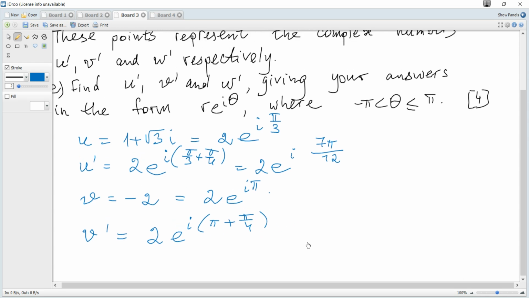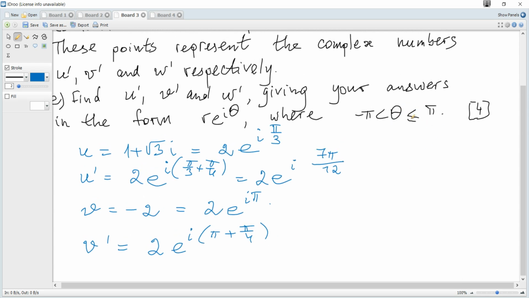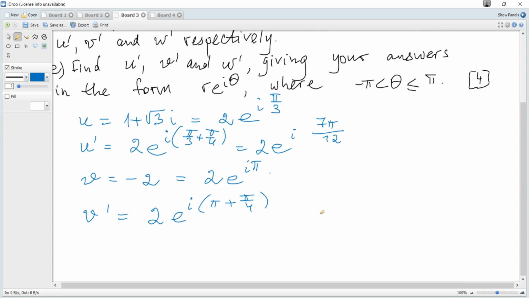Definitely we can calculate it, but since theta must be less than or equal to pi and greater than negative pi, in general you can add or subtract any number of 2 pi, any number of full revolutions, to get an equivalent angle and equivalent argument. I see that it will be greater than pi, so I subtract 2 pi.